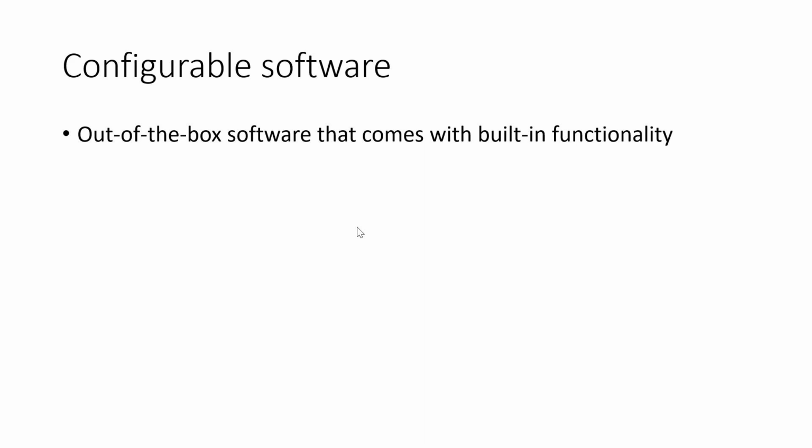So, when we say configurable software, it is the out-of-the-box software that comes with built-in functionality. As I said, in UiPath we have everything in the form of activities. The activities are inbuilt, the code is inbuilt. We need not write any code.